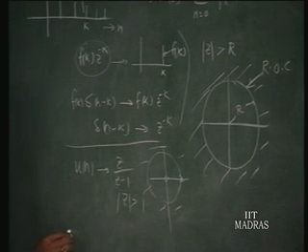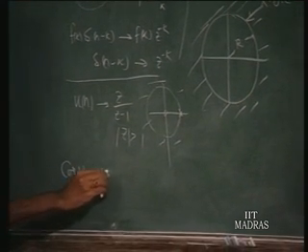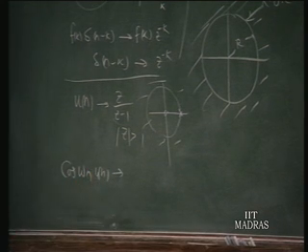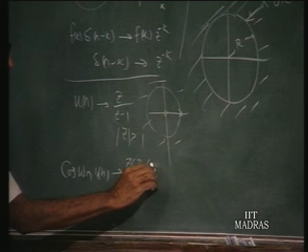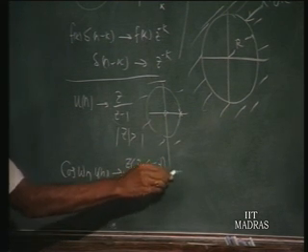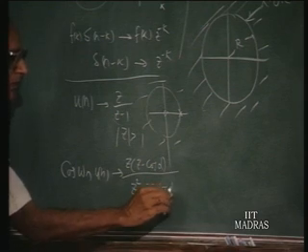Similarly, if you take cos(omega n) u(n), you find that the Z transform of that is z times (z minus cos omega) divided by z squared minus 2z cos omega plus 1.